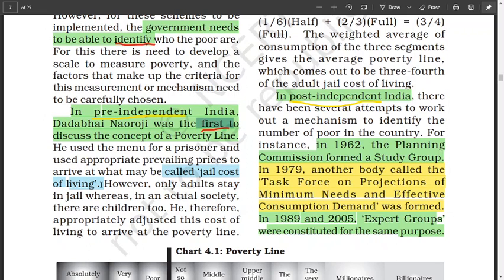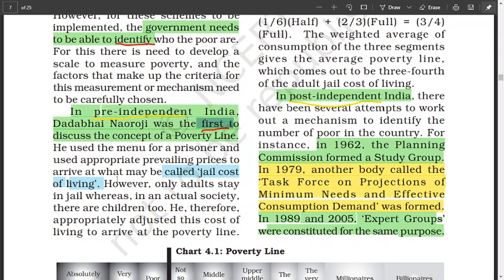He used the menu for prisoners, because prisoners, you understand, have food at the least, just to live. It's the minimum bare need that they get. So if people can get that minimum bare need, they are no more poor. So the jail cost of living is how much it costs for an individual to be in jail as a prisoner.